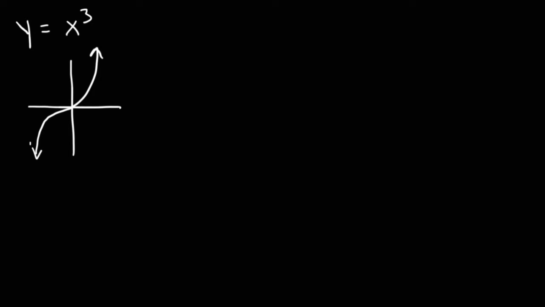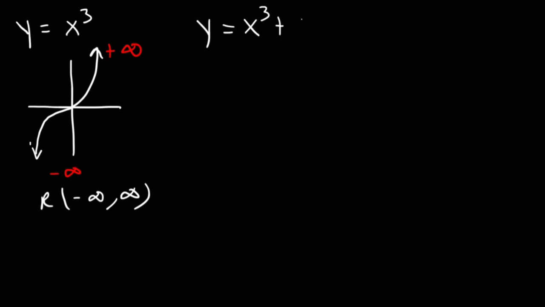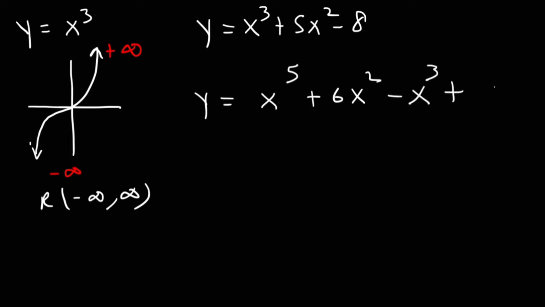The next thing we need to talk about are the cubic polynomials. The graph y equals x cubed looks like this. As you can see, the lowest y value is negative infinity, the highest is infinity. So the range is going to be like this. If you were to see a cubic polynomial, something like this, or even something like this, this is not cubic, but I want to show you something.